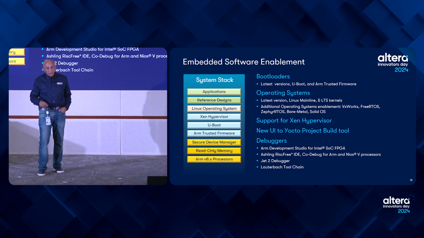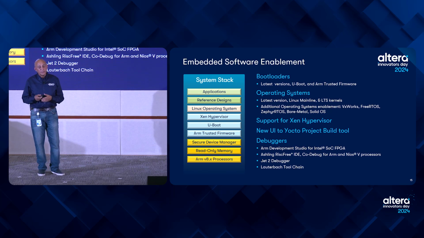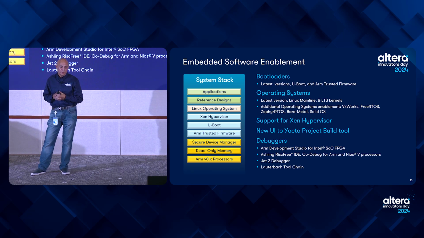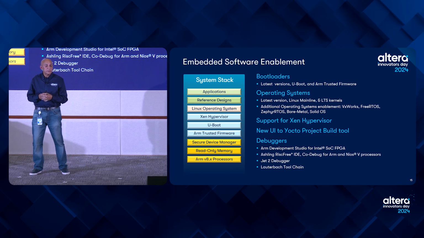I've talked a lot about the hardware side of it. I'll give you a little update on the software side. Some of this was covered in the previous talk, but in general, we've updated the latest versions of the bootloaders, U-Boot and Arm Trusted Firmware.